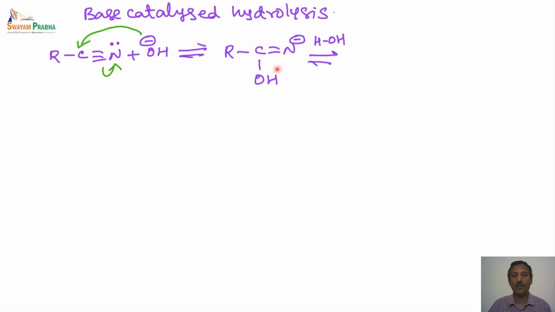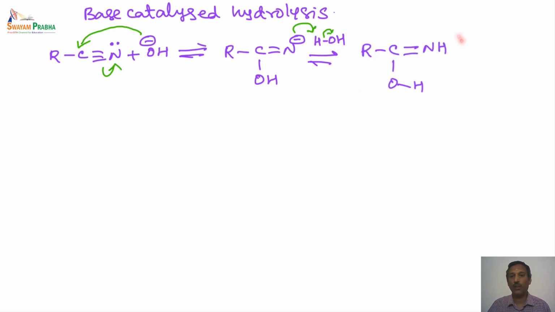So this intermediate is unstable. So what happens is nitrogen has a negative charge. So we have an H and OH bond there. So the nitrogen forms a bond with the proton from the solvent molecule, the water molecule. Now this HO bond is broken and it is polarized towards oxygen, or the oxygen retains the bonded electrons.